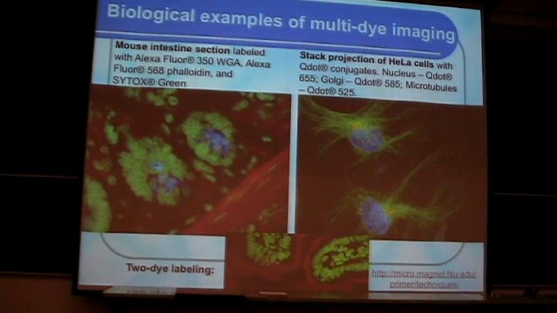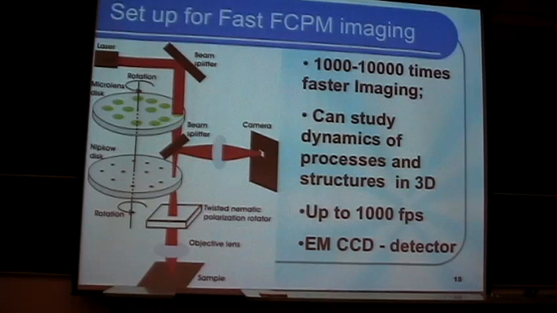The second problem is that you can't detect the fluorescence light within a very short period of time from each of those points in the sample, because you need some time to integrate the signal, to accumulate the fluorescent signal, in order to have it relatively strong and therefore the images of good quality.